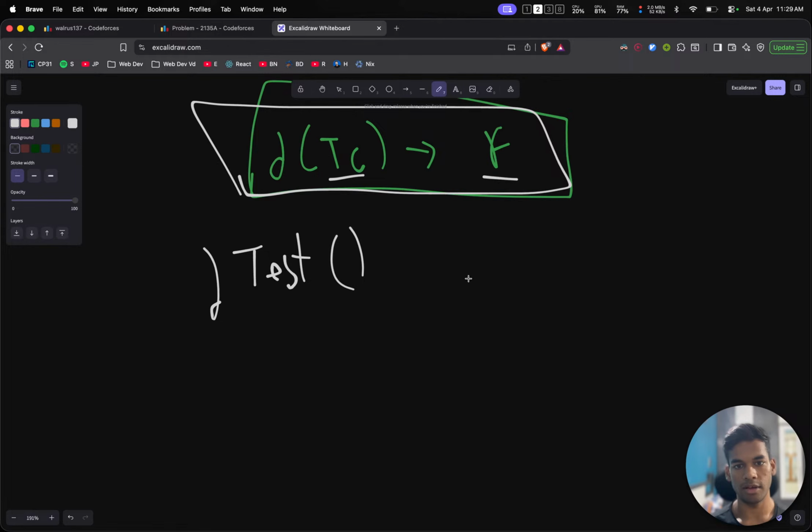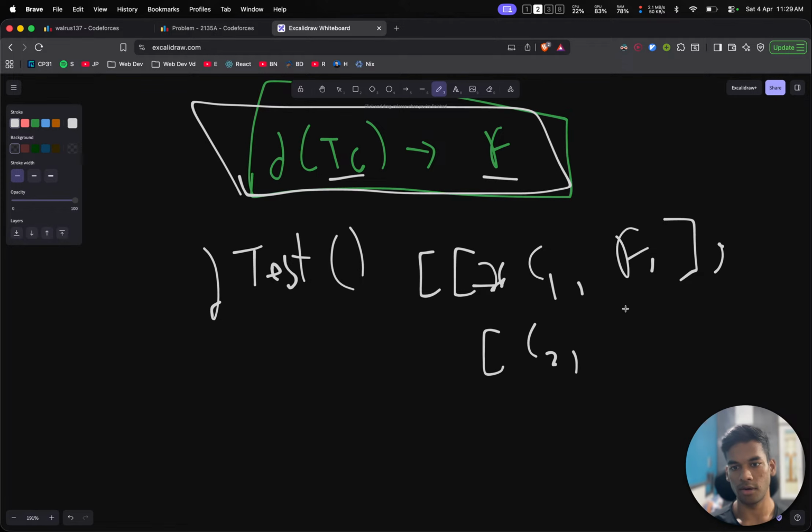And let's say you have a 2D list, some value C1 Fahrenheit 1, comma C2 Fahrenheit 2, comma dot dot dot.